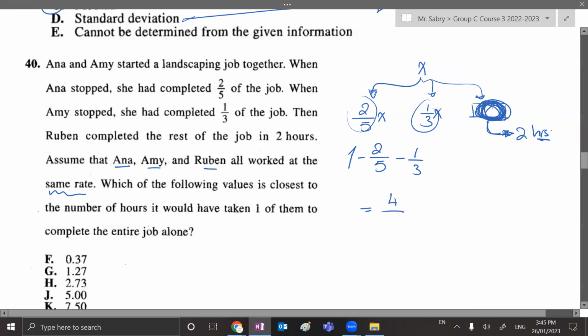That would get me 4/15. This is what's remained of the job. If the first one did 2/5 and the second did 1/3, then the third one had 4/15 of the job left. He finished the 4/15 in 2 hours.